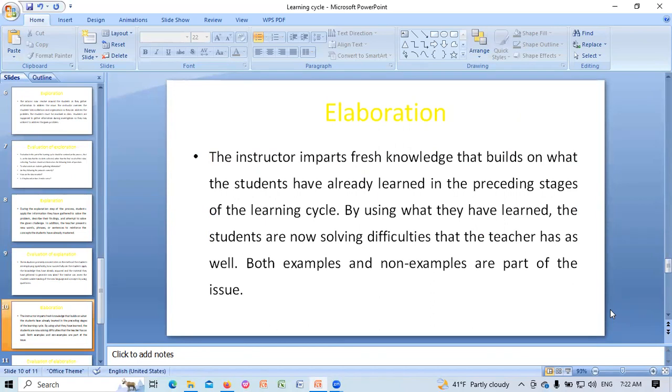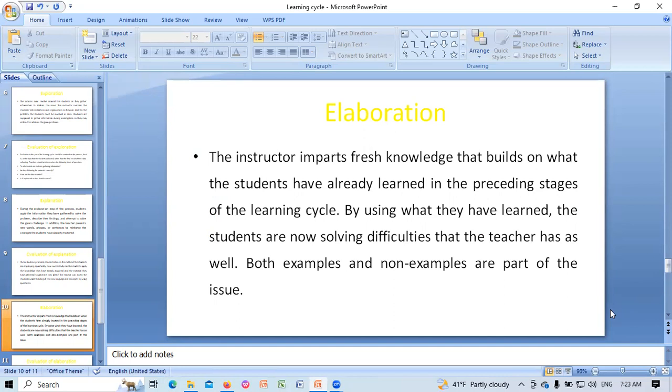Elaboration. The instructor imparts fresh knowledge that builds on what the students have already learned in the preceding stages of the learning cycle: engagement, exploration, explanation.